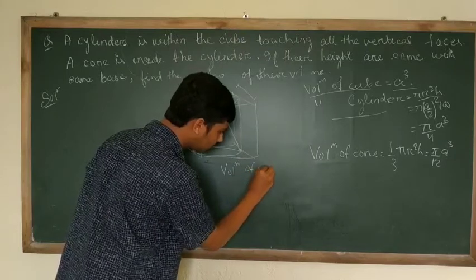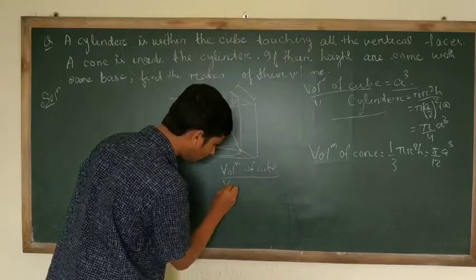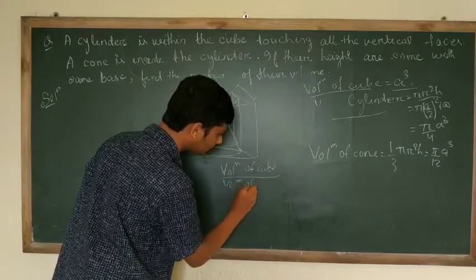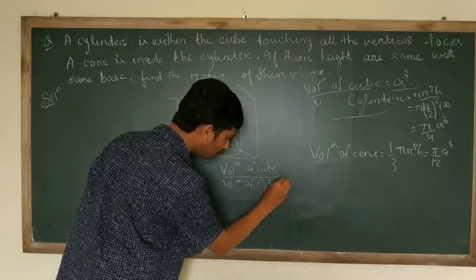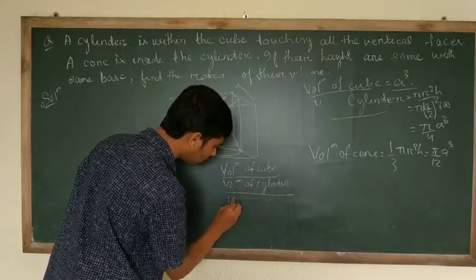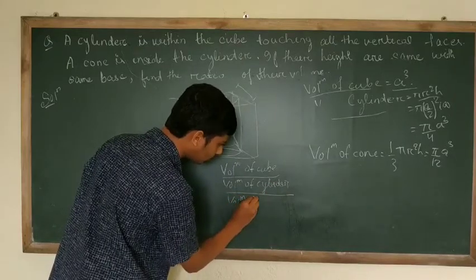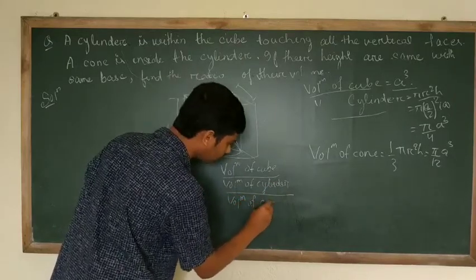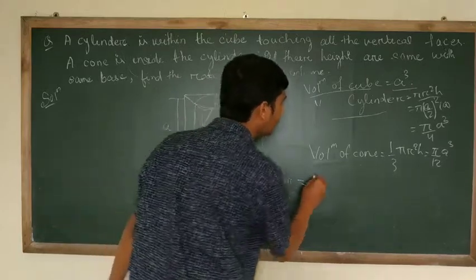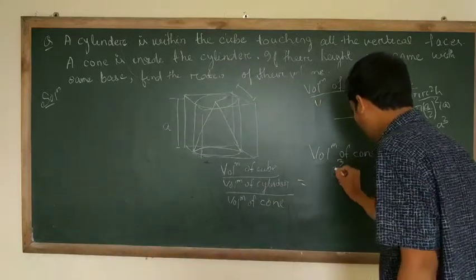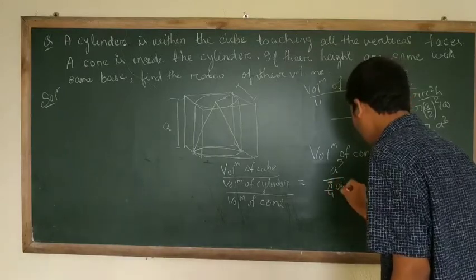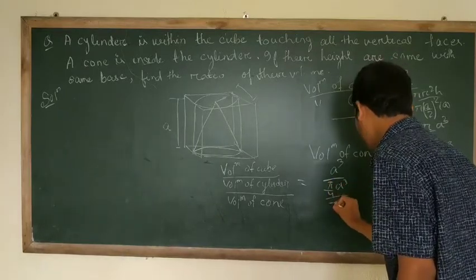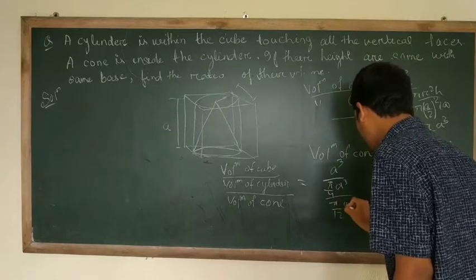Now we have to find volume of cube by volume of cylinder by volume of cone, equal to how much? a cube by pi by 4 a cube by pi by 12 a cube.